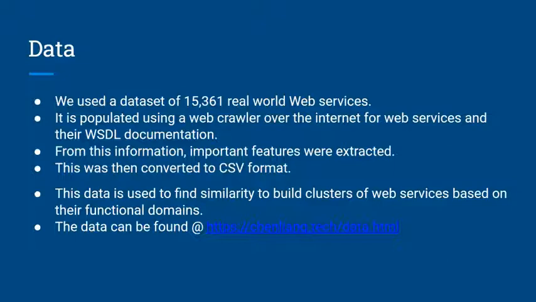We have removed all the duplicate keywords as well, so we only have a set of unique keywords. It can be a normal word, action verb, or noun. And they're all inside the database in a column called WSDL description.